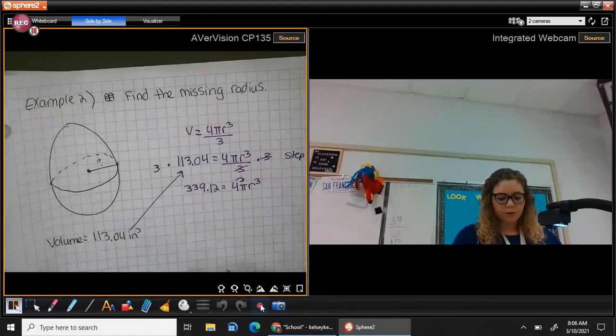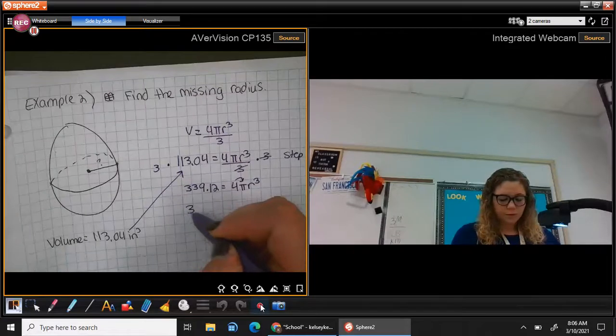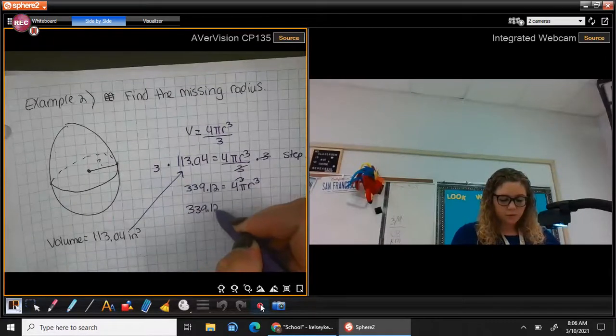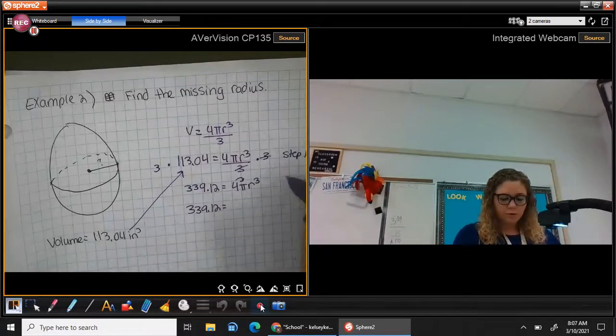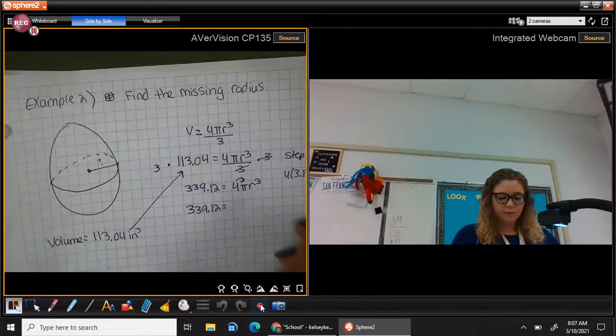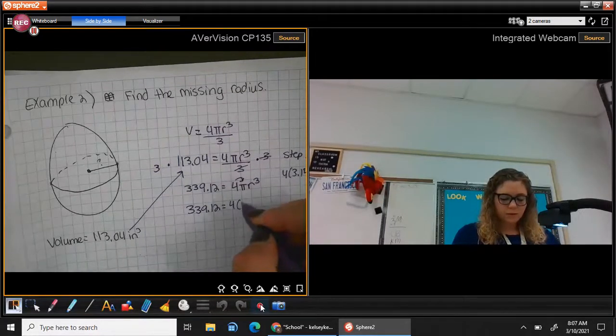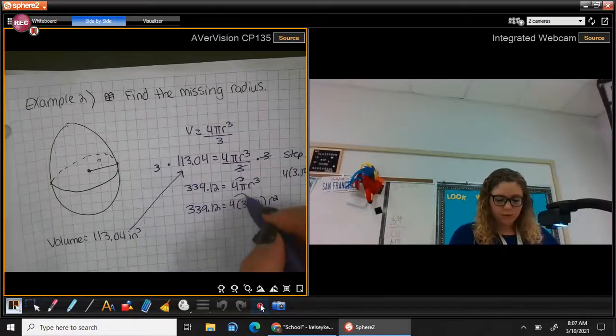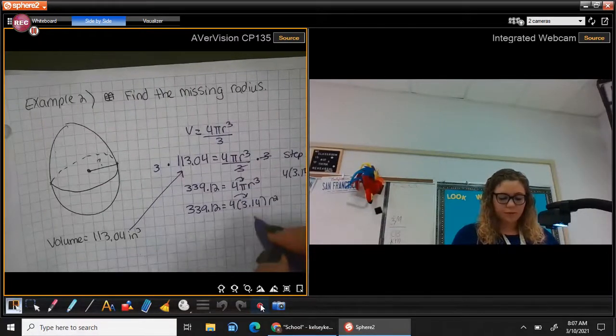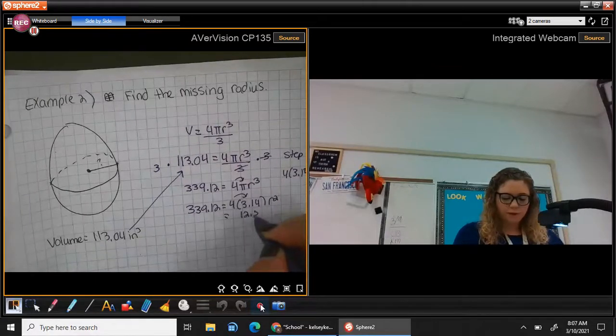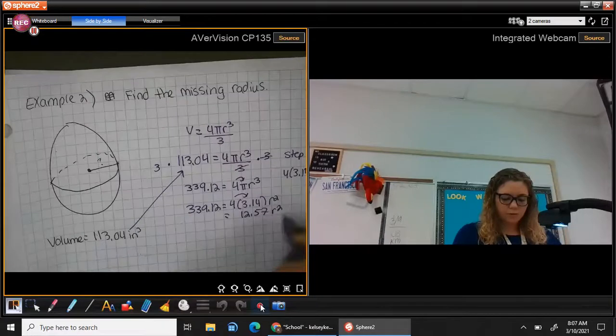So I'm going to multiply those two together. So 4 times 3.14 is going to give you about 12.57. So you're going to plug that in. So again, we solve it over here. 4 times 3.14 is going to give you 12.57 r cubed.